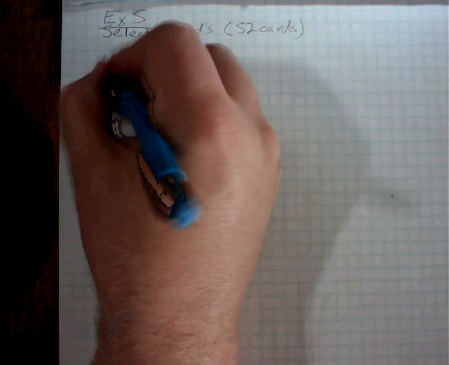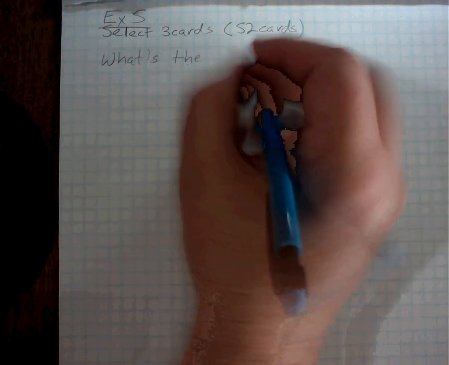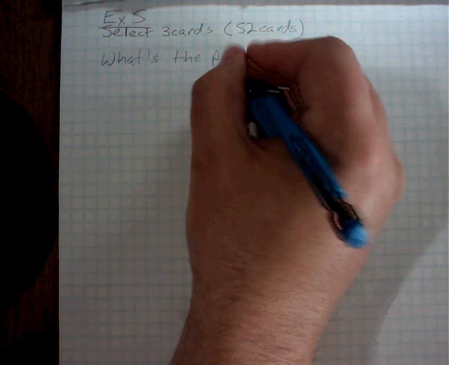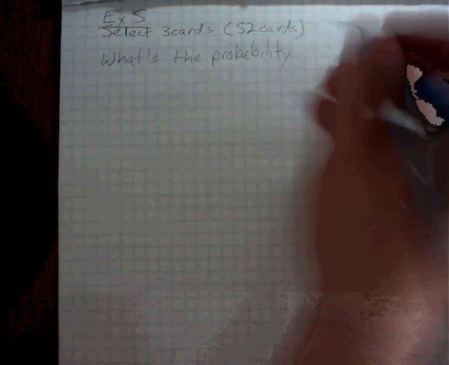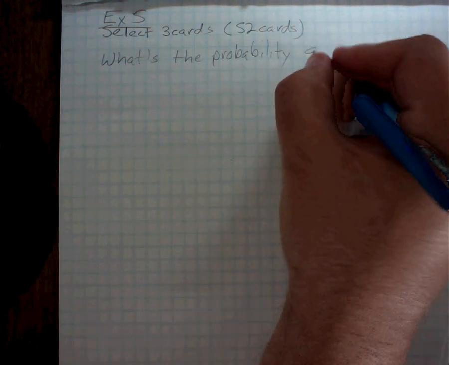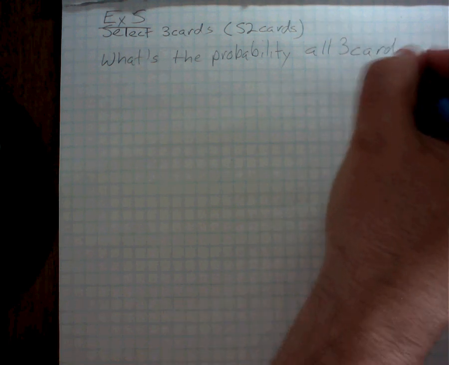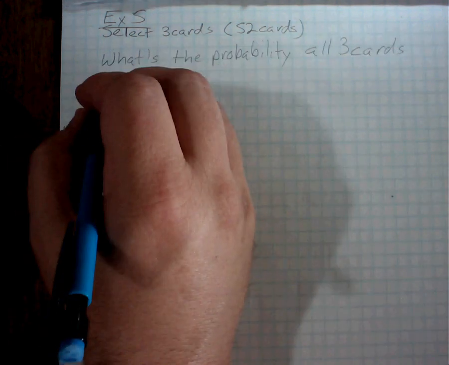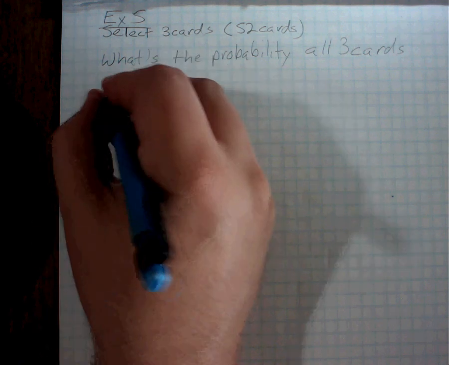So here's the question: what's the probability all 3 cards are hearts?